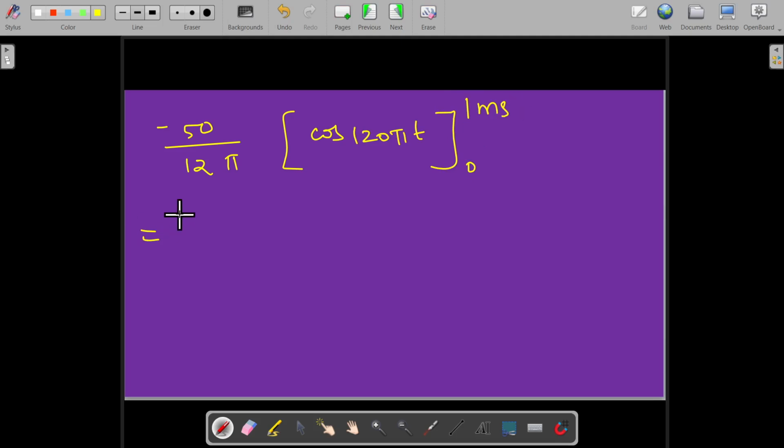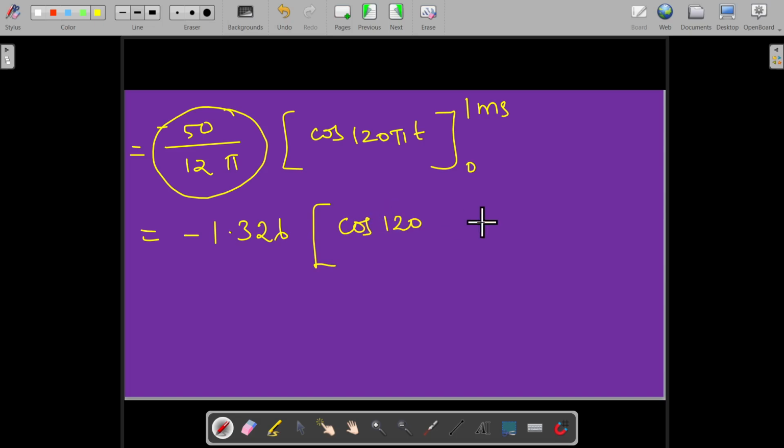So this value is minus 1.326. Then we apply the limits here. So cos of 120π into 10 power minus 3 for this 1 millisecond, then minus cos of 0.